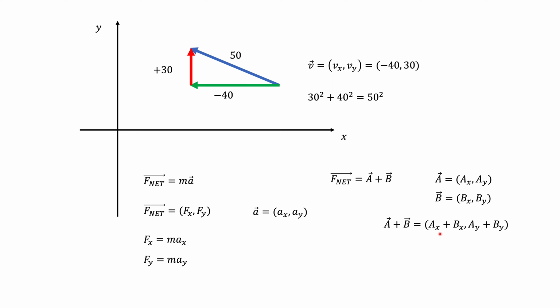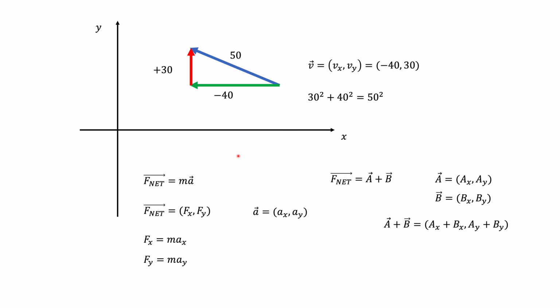The x component of the sum is the sum of the x components of each of these vectors. The y component of the sum is the sum of the y components of each of those vectors. And as we saw, the x component of this vector is what we call Fx here. The y component here is what we call Fy.